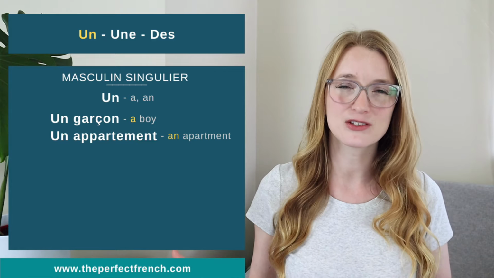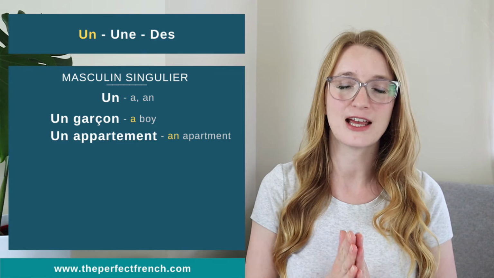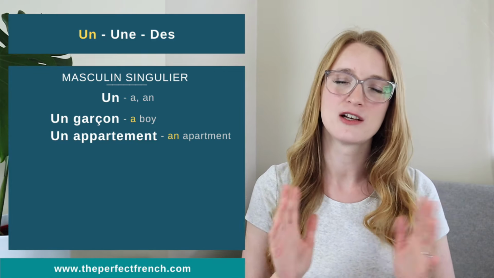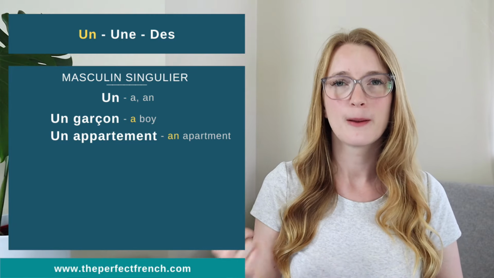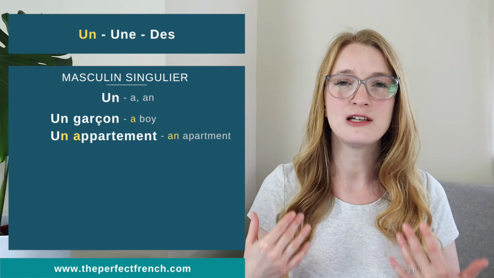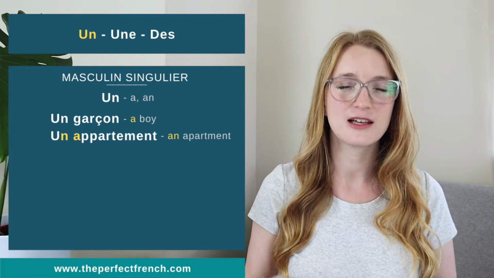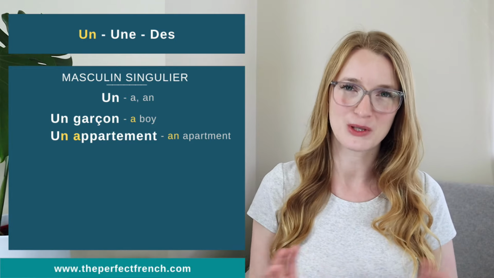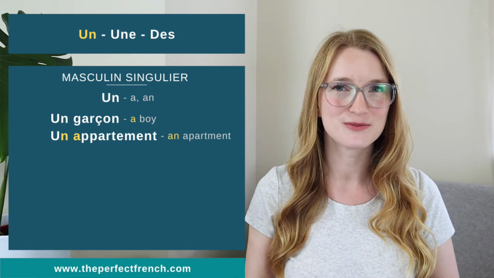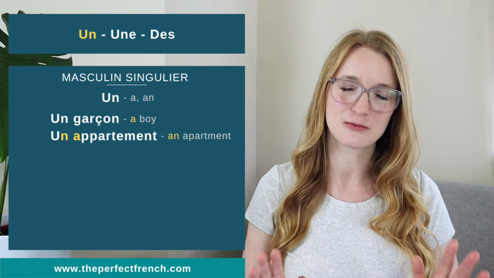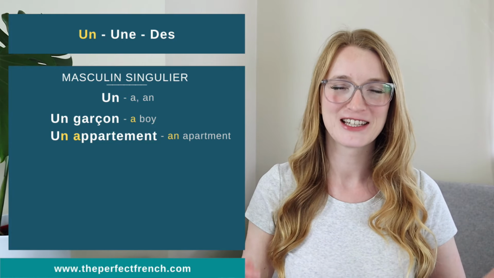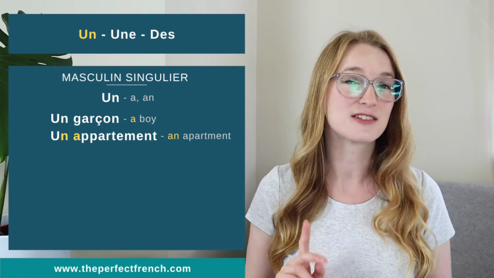Un garçon, the two words have nothing in the middle, but we add a liaison between un and appartement because appartement starts with a vowel. So, un appartement. We don't have a change in spelling, this is very important.